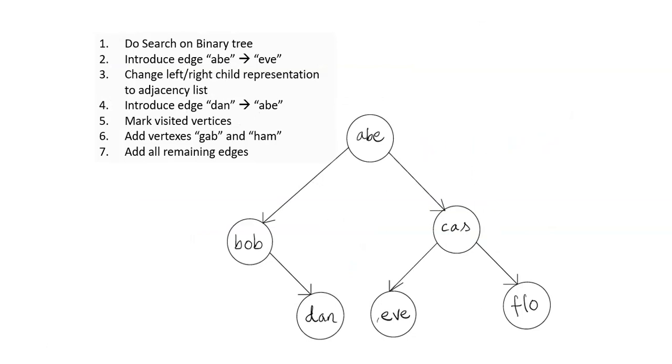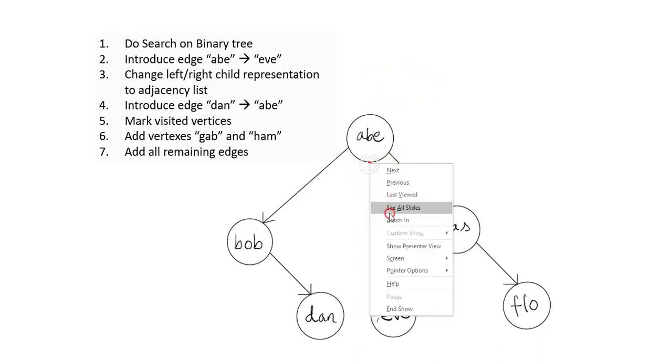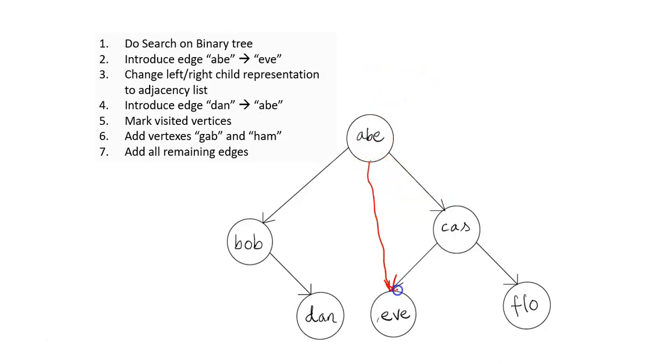So this is what we are going to do. We're going to first develop the depth first search algorithm for this binary tree, and then we're going to introduce an edge from node Abe to node Eve.